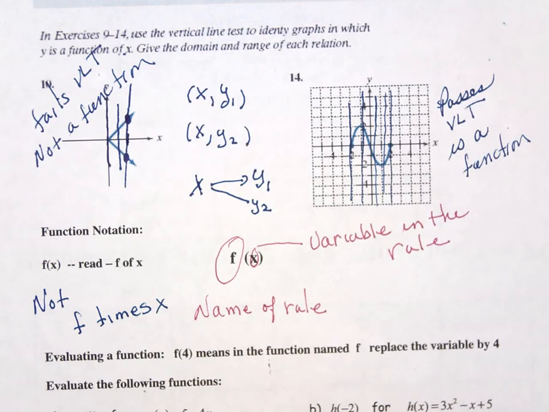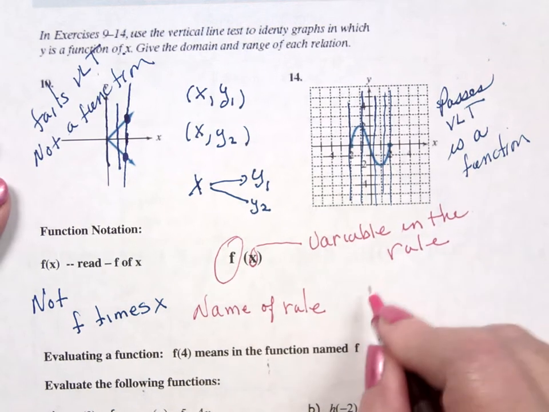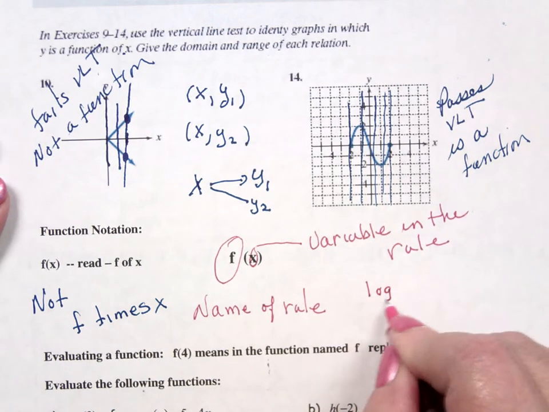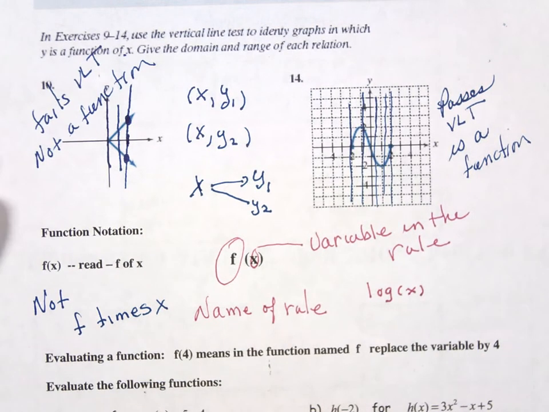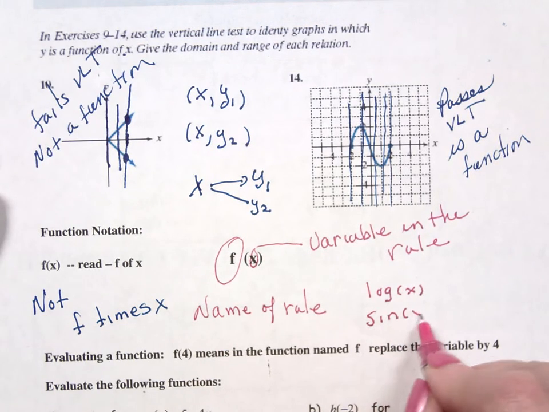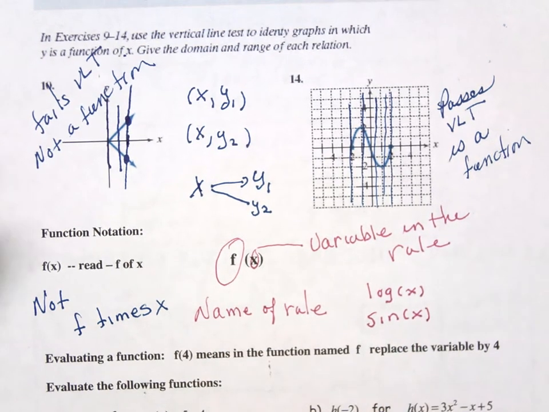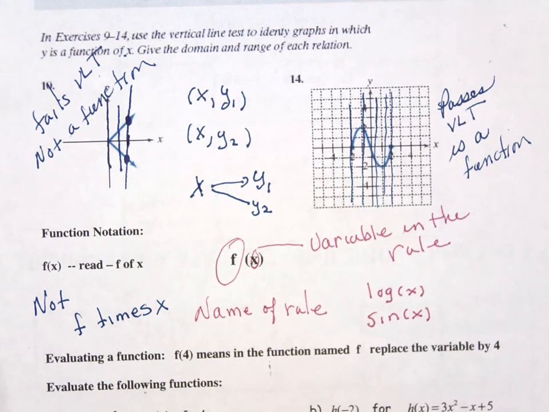And by the way, we're going to later on see that we can have words as names, like log of x. And if you're going to take trigonometry, sin of x, it's a sin. But no, it's a sinusoidal function. It's really said the sine of x, not the sin of x. But there are words that are functions.